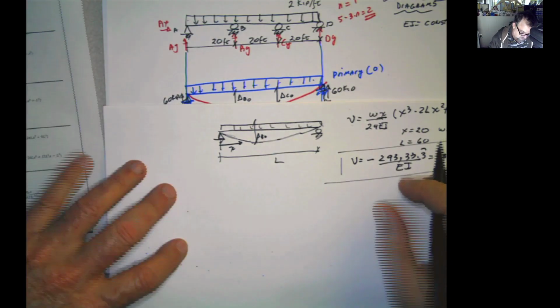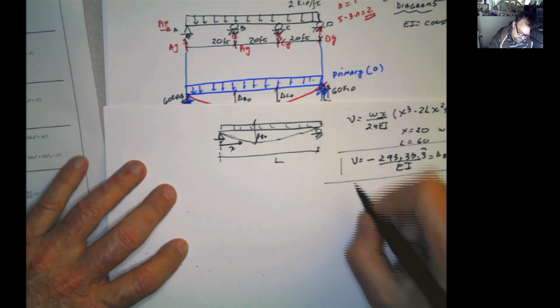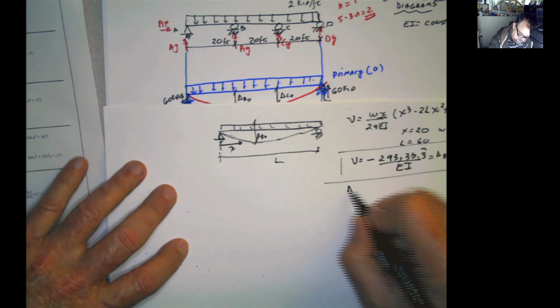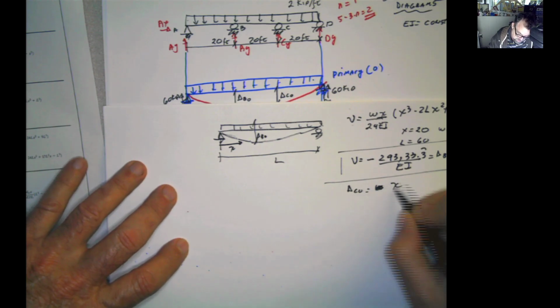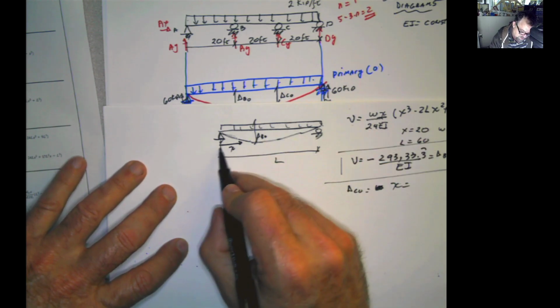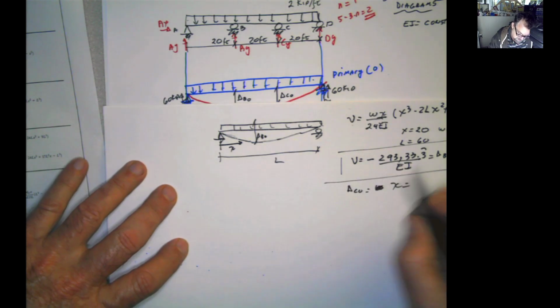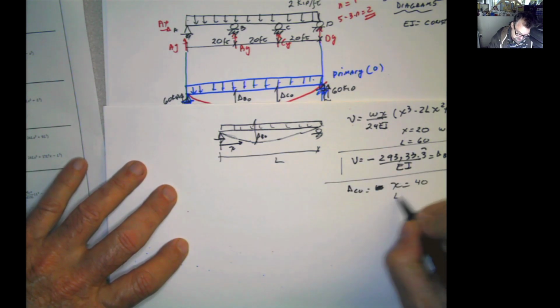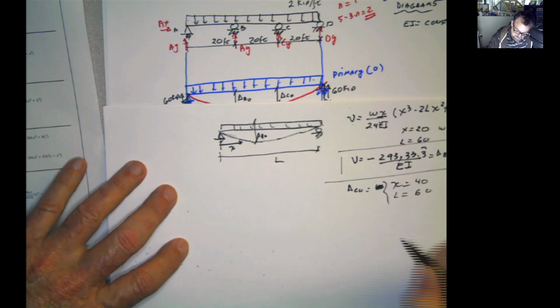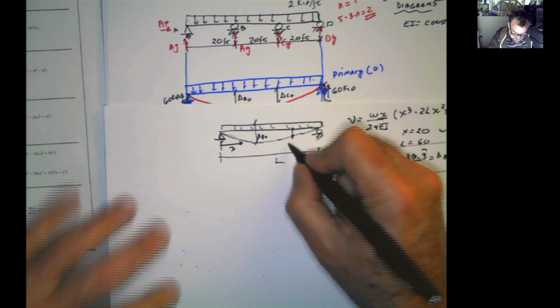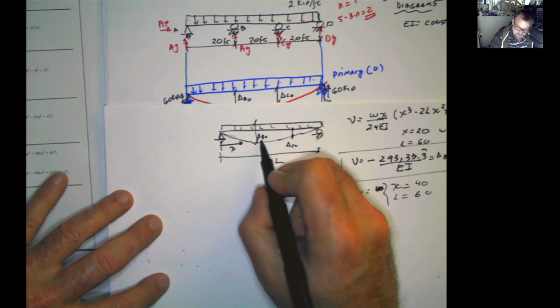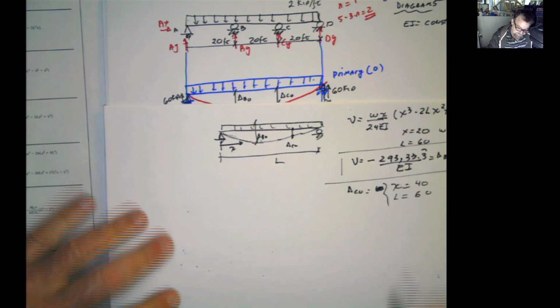But if you want to, don't take my word for it. Calculate delta C0 with W, using x equals 40 and L equals 60, and you will get the deflection here, delta C0. But it's going to be equal to this one per symmetry.